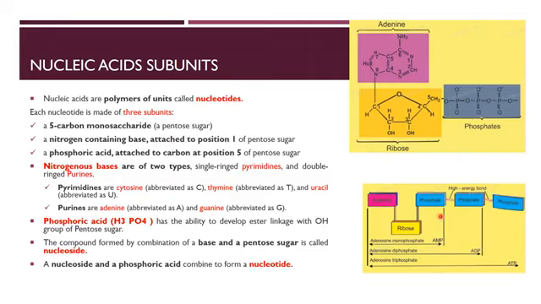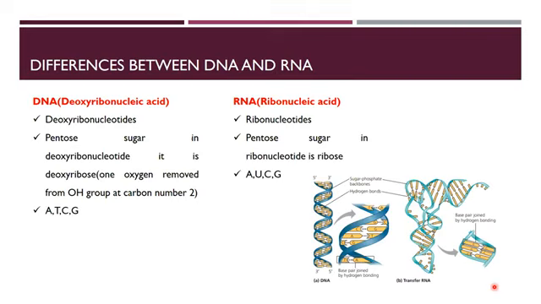Okay. Now, the differences between the DNA and RNA. So DNA is deoxyribonucleic acid, and RNA is ribonucleic acid. Okay, these are the two. The DNA has deoxyribonucleotides, but RNA has ribonucleotides. These are their subunits. Now, the DNA has a pentose sugar, that is deoxyribose sugar, in which one oxygen is removed from the hydroxyl group at the carbon number 2.